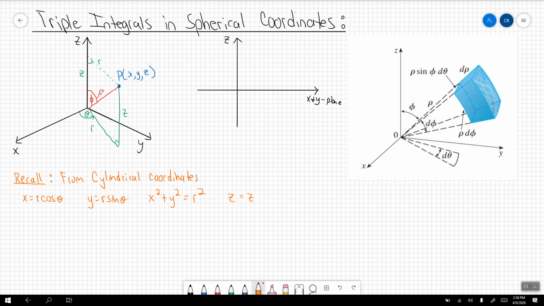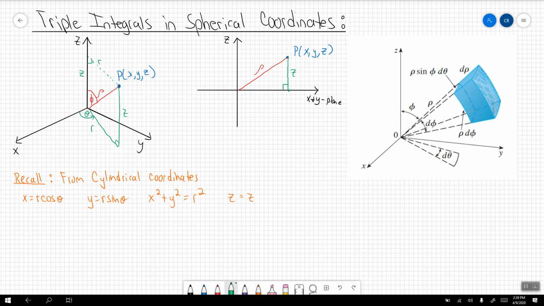Now, anytime that we look at this point, call it here, this is P of x, y, z, we have some rho that we look at, and then we're going to have some z value here, and this is going to be perpendicular to that x and y plane.